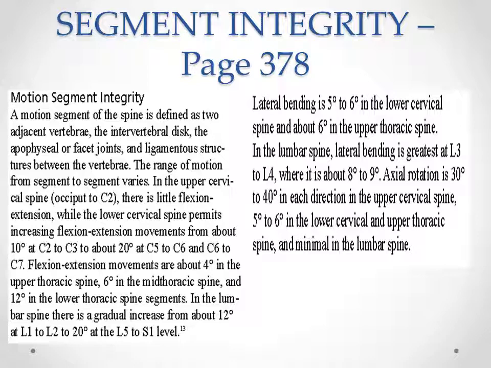Axial rotation is 30 to 40 degrees in each direction in the upper cervical spine, 5 to 6 degrees in the lower cervical and upper thoracic spine, and axial rotation is minimal in the lumbar spine. So amazingly, the AMA guides describe ranges of motion in each of three planes: flexion extension, lateral bending, and then in the transverse plane, rotation, in each of the segments of the spine.